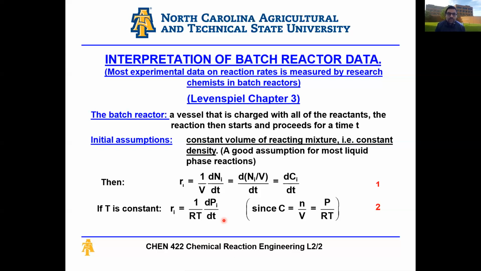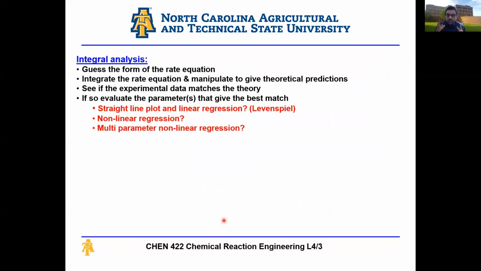Okay, so let's say you did your experiments in a batch reactor, you have a bunch of points, and you want to interpret them, do your analysis on them. How do you do it? There are 2 main approaches. The first method is called the integral analysis, and this is what we will be covering in this course.